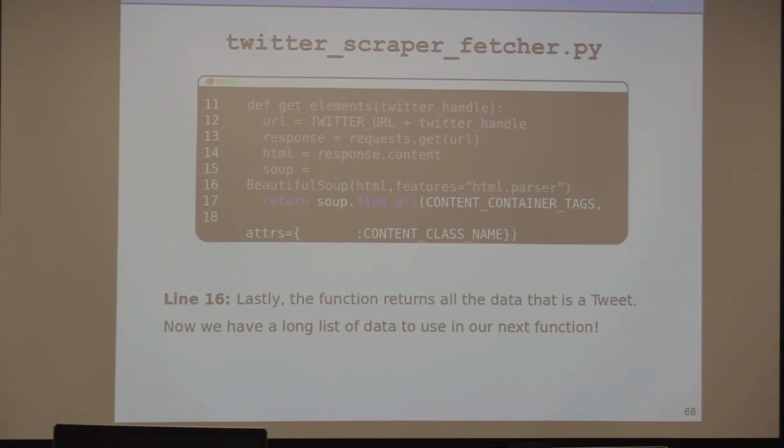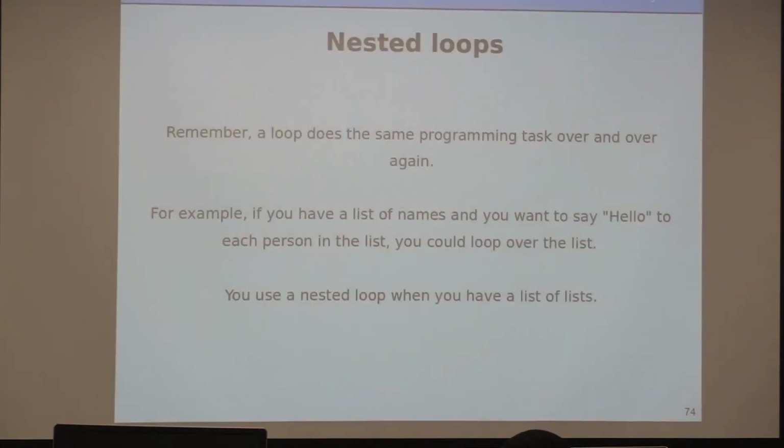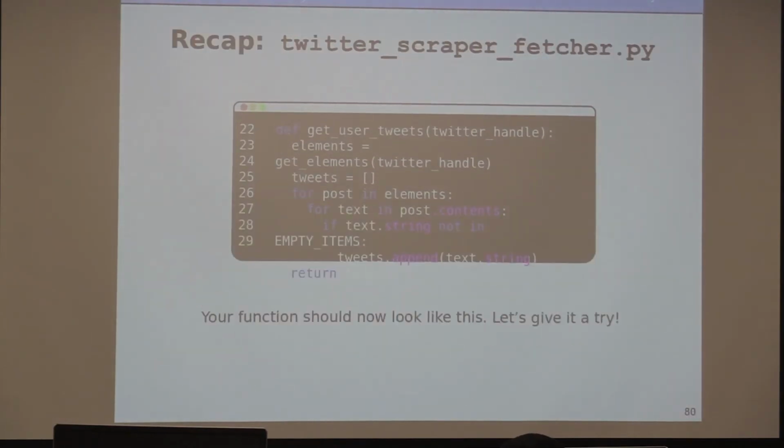All right, let's look at the next section real quick, see if there's any problems there. Okay, let's look at this. And equals get elements, tweets, and then for, and then for, and then if.